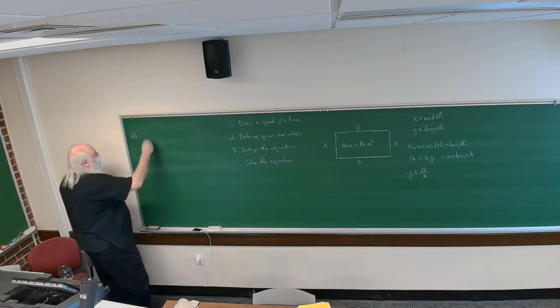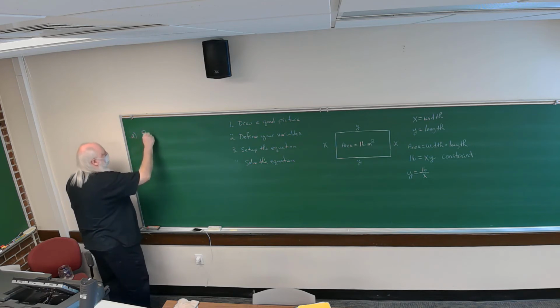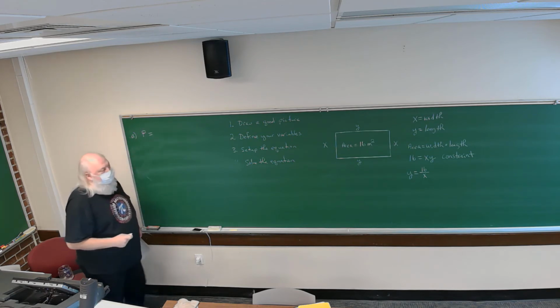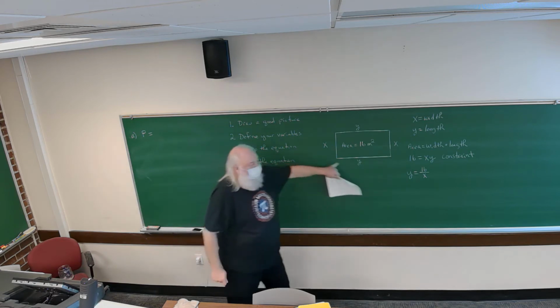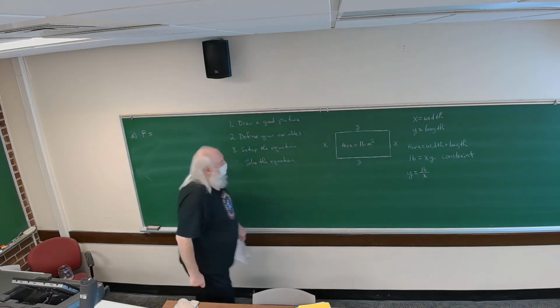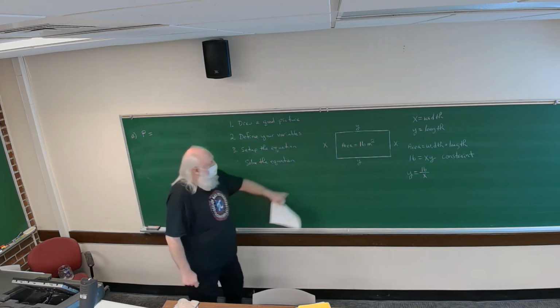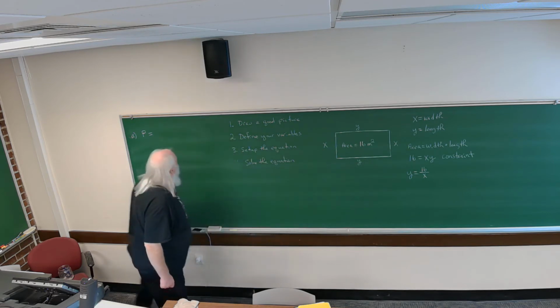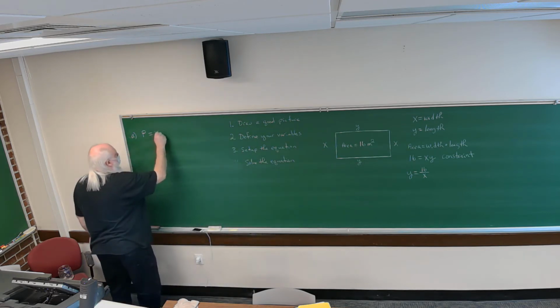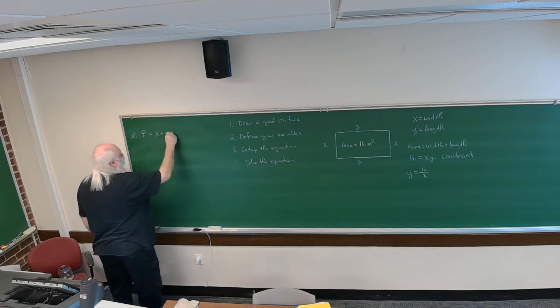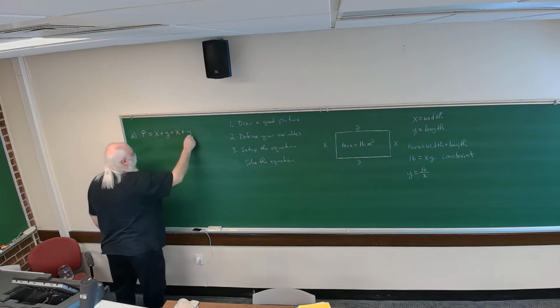The perimeter P is just the distance around the rectangle. The perimeter is X plus Y plus X plus Y, correct?